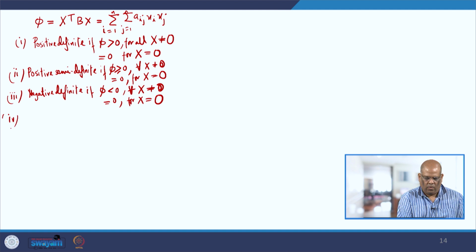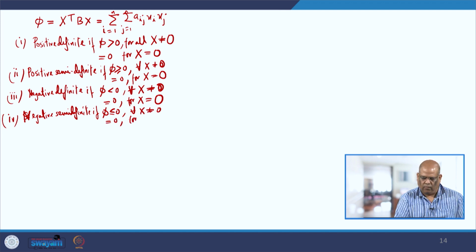Number 4, this quadratic form is called negative semi-definite if phi is less than or equal to 0 for all x not equal to 0, and this is equal to 0 for x equal to 0.